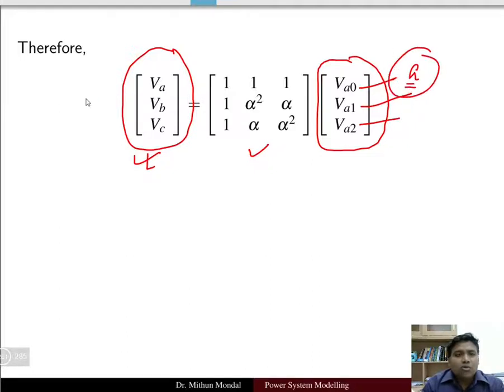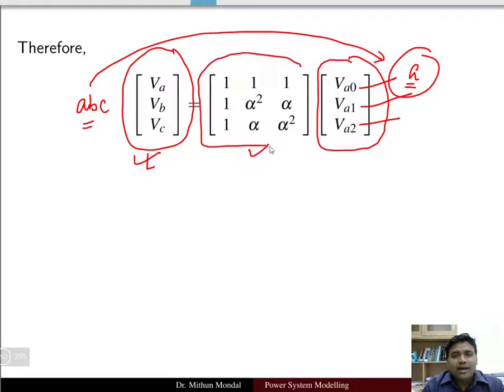It means all three phases A, B, C can be analyzed in terms of the phase A sequence components, provided we multiply this with a matrix containing 1 and alpha terms.